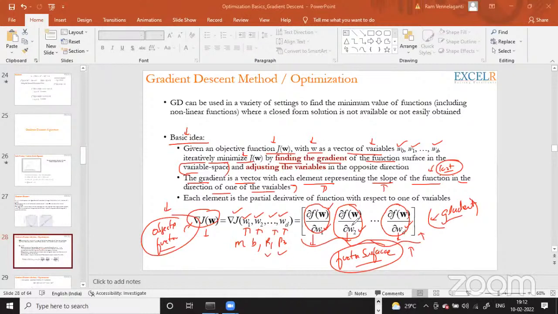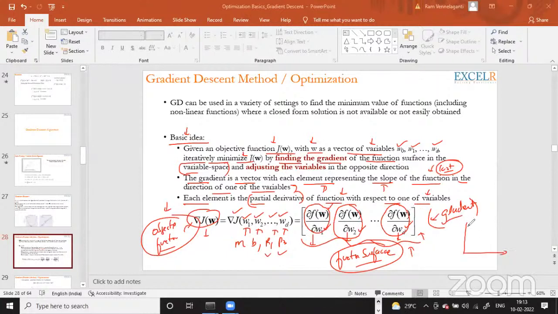That is what this gradient vector is trying to represent. Each element in this gradient vector is a partial derivative of the cost function with respect to one of the variables.